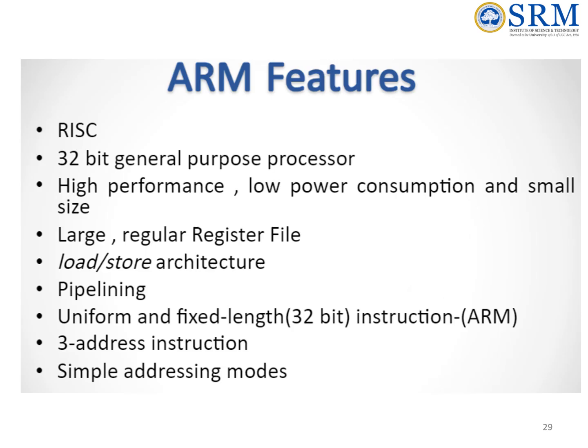ARM features: it's RISC, that is a reduced instruction set computer, with 32-bit general purpose processors, high performance and low power consumption, a large and regular register file, load and store instruction architecture, pipelining, three-address instructions, and simple addressing modes.